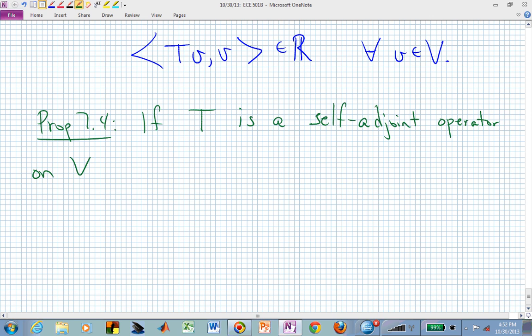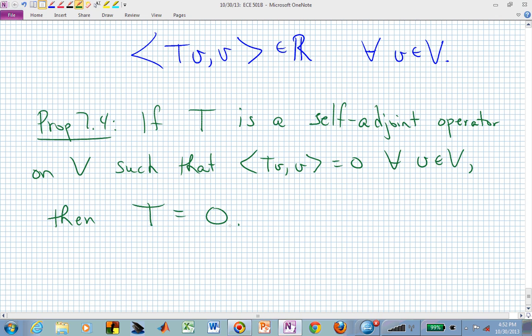If T is a self-adjoint operator on V such that Tv inner product with v is equal to 0 for all v in the complex vector space V, then that linear map is 0.